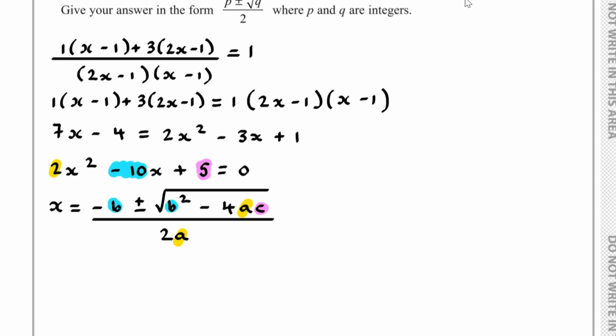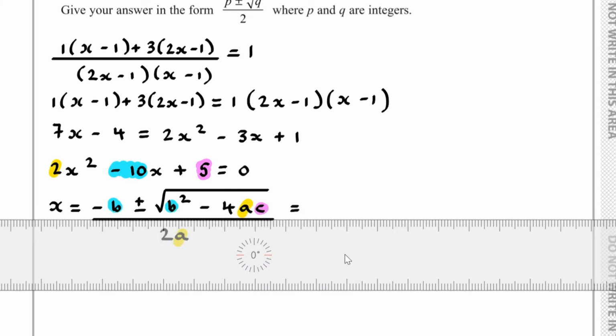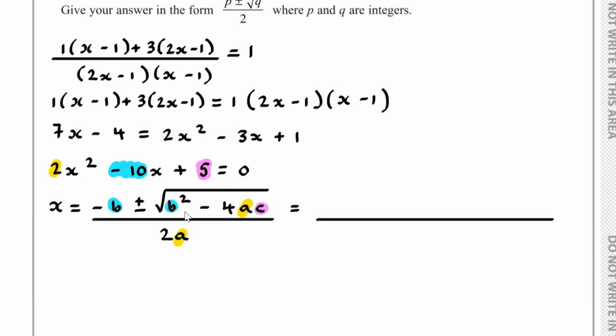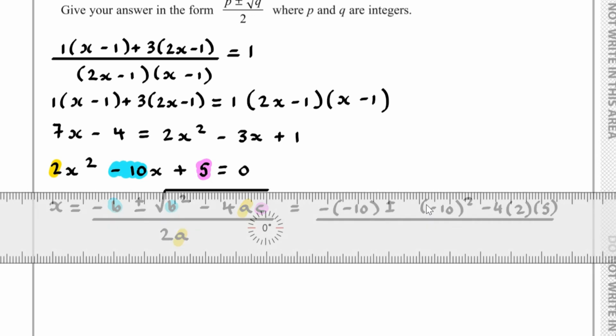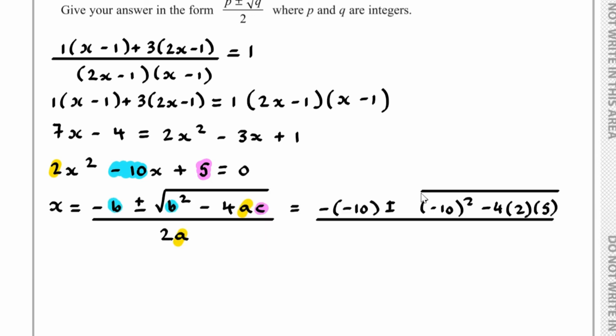So substituting these into the quadratic formula, we have minus b, so that's minus 10, plus minus 10 squared minus 4 times 2 times 5, and then this is square rooted, divided by 2 times by 2.